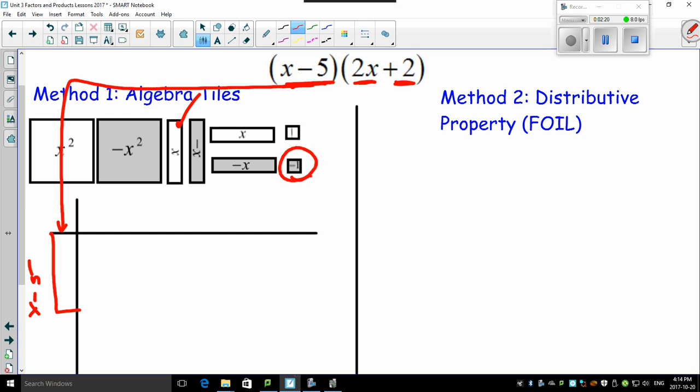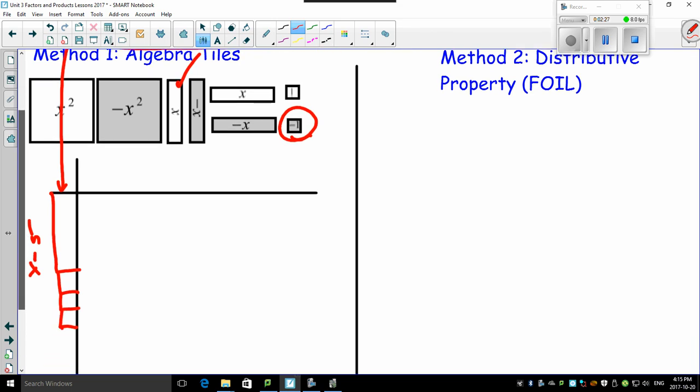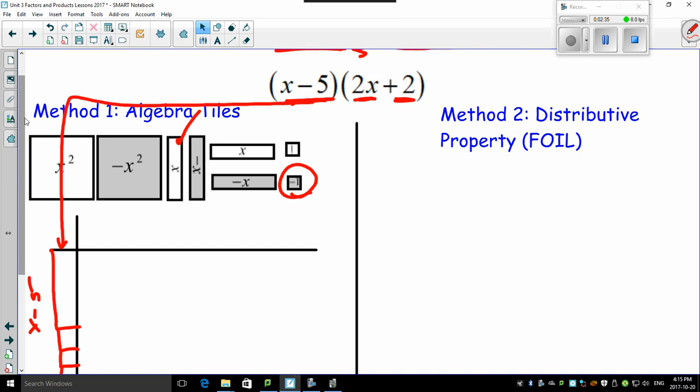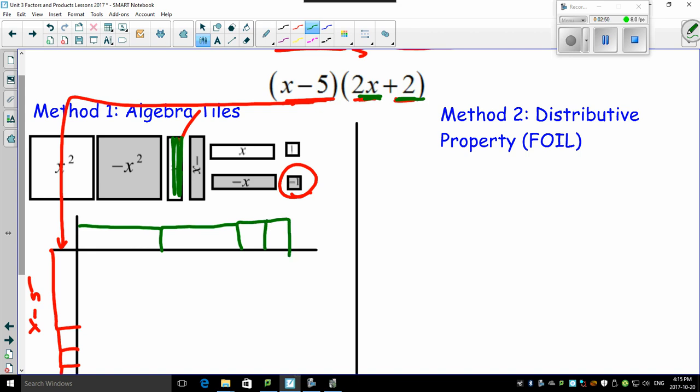And I'm going to have 1 here, 2, 3, running out of room here, 4, and 5. Over here I'm going to put my other one, which is 2x plus 2. So again, my x's look like this, but now I'm going to write them this way. There's 1x, 2 x's, plus 2. 1, 2, because the 2 looks like this.